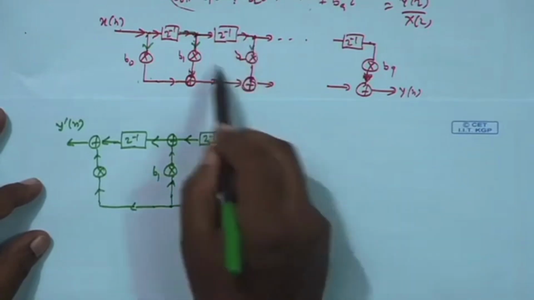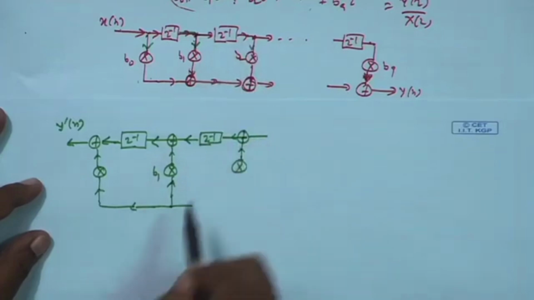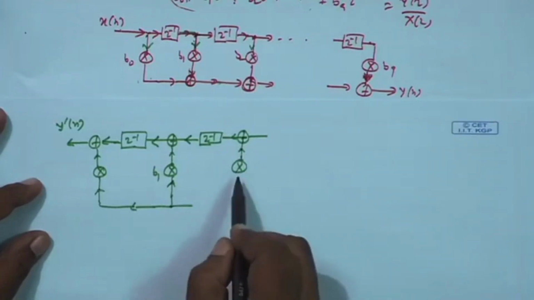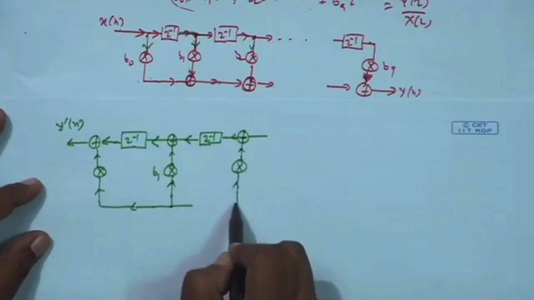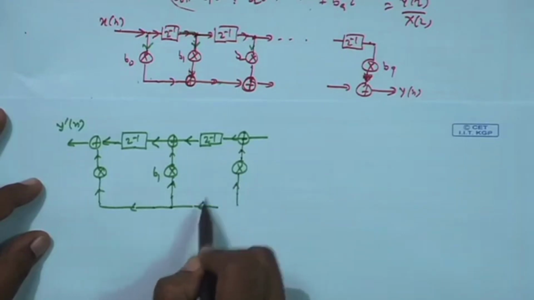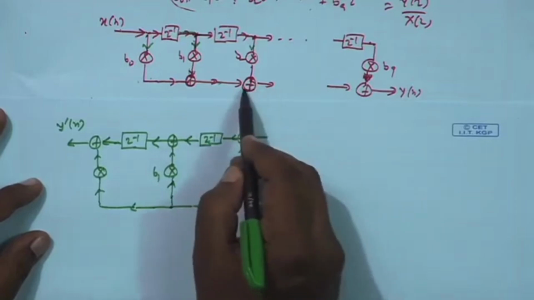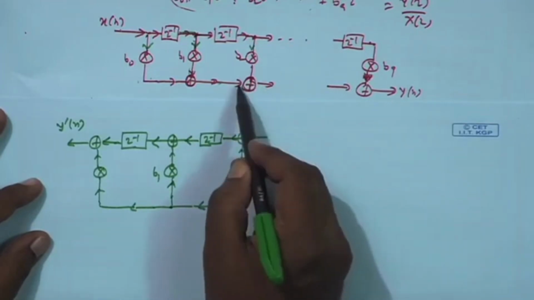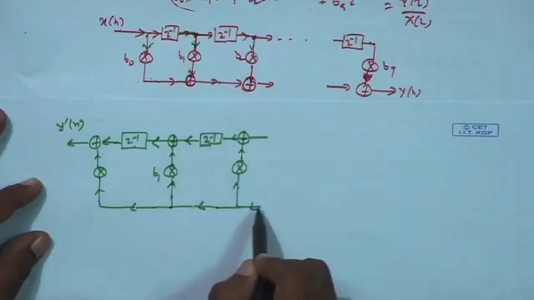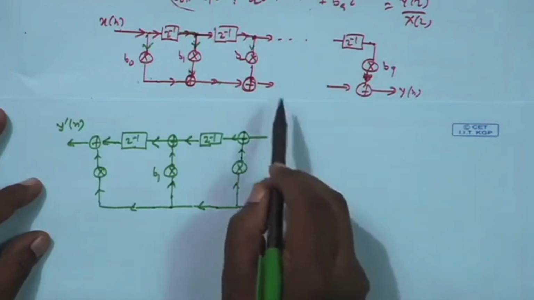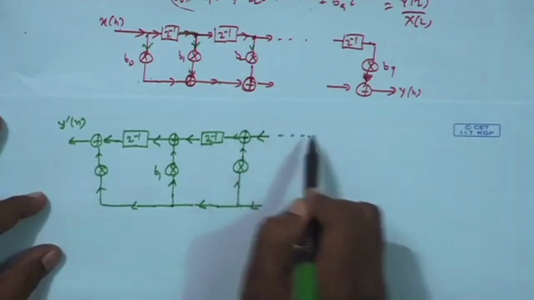So, this arrow reversed, there will be branching, there will be an adder. Arrow reversed, this again becomes a branching point, because it was an adder. This arrow reversed, this arrow reversed, this arrow reversed. So, this is the input, it is going this way.